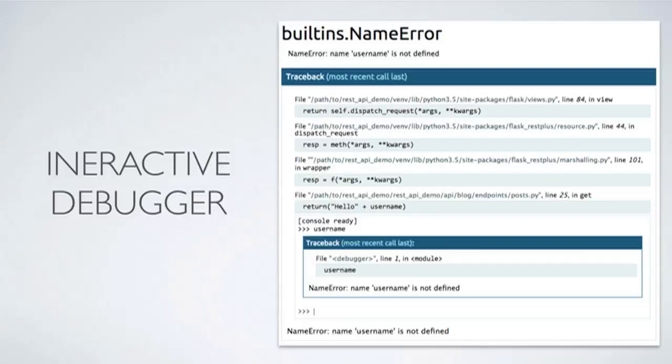So if you arrive at an error in your API, you would get this page which shows you the stack trace of the place where the error occurred, and even gives you an interactive console where you can type in some variables and explore the place where the error occurred in the browser for some quick debugging.